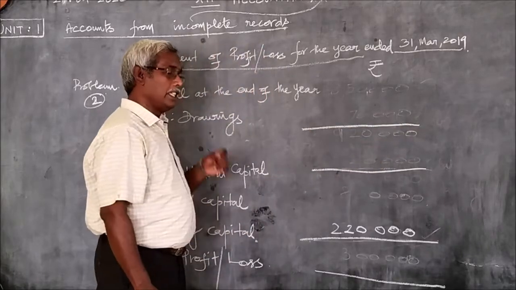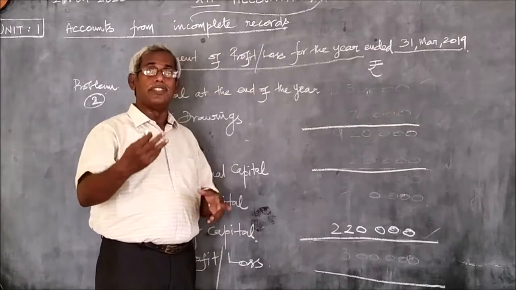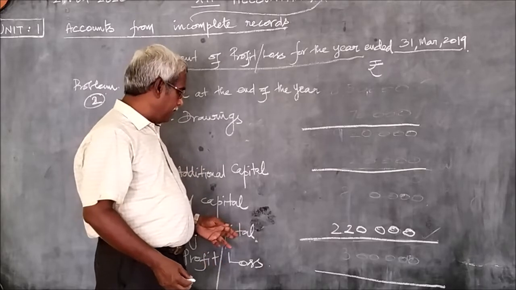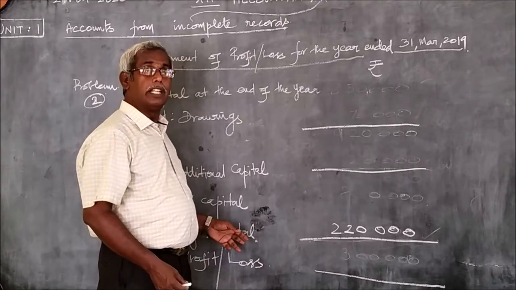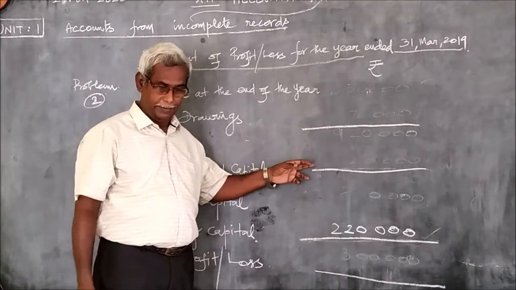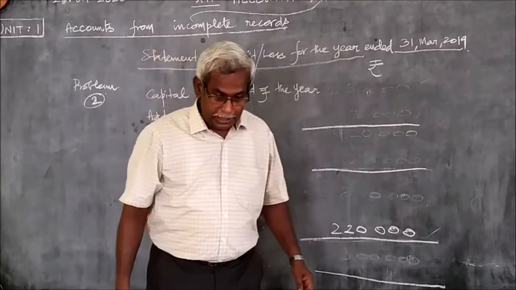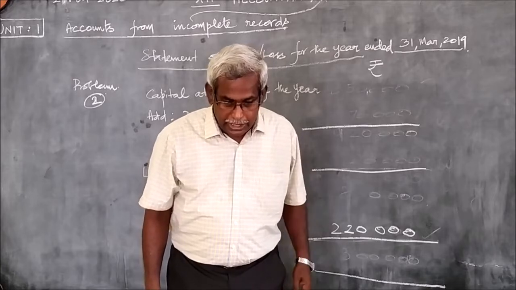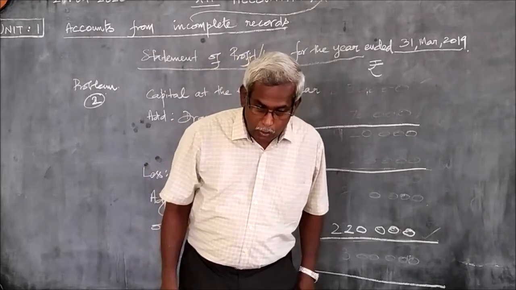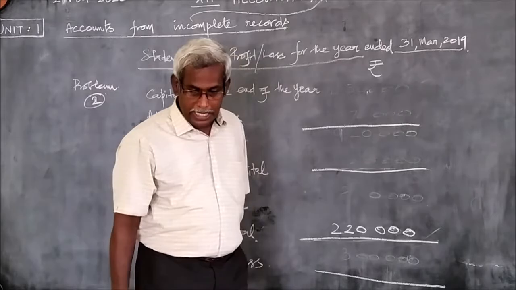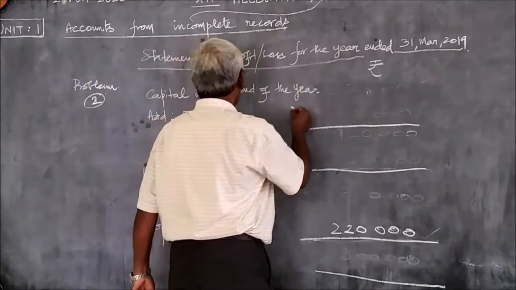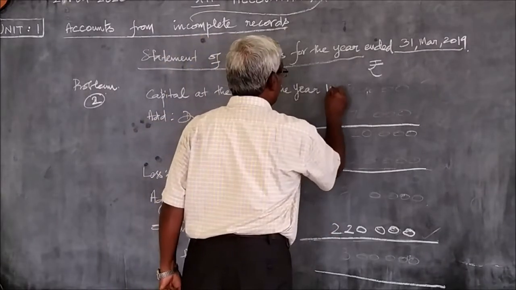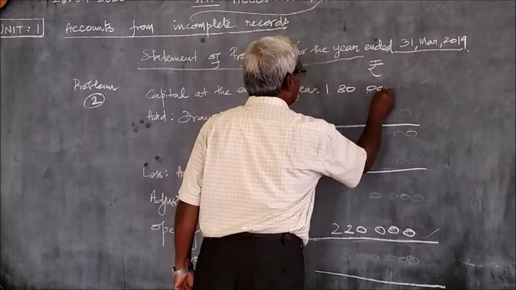Wherever the figure is given, even if the order is changed, you find the place where it is in the format and substitute the number there. The second item, capital as on 31st December, that is closing capital, 1,80,000. That is capital at the end, 1,80,000.